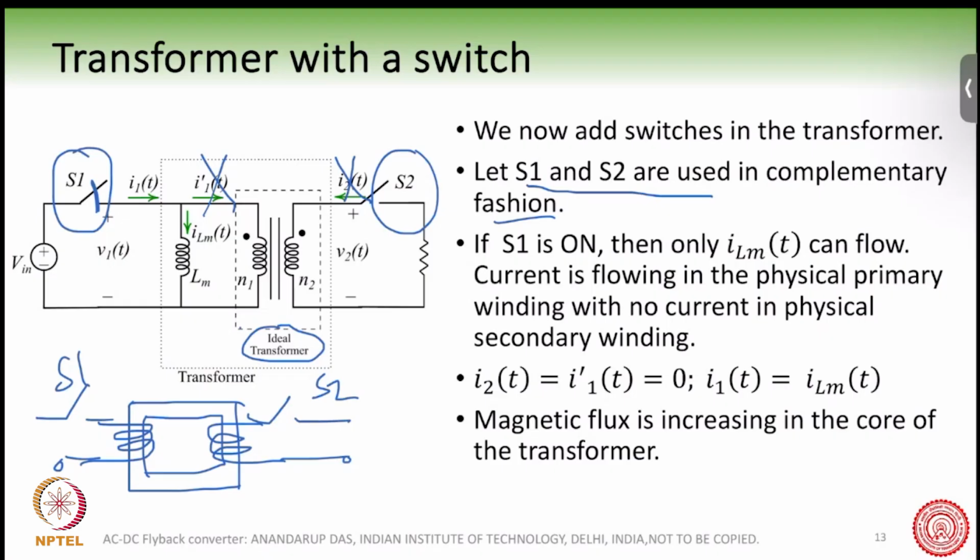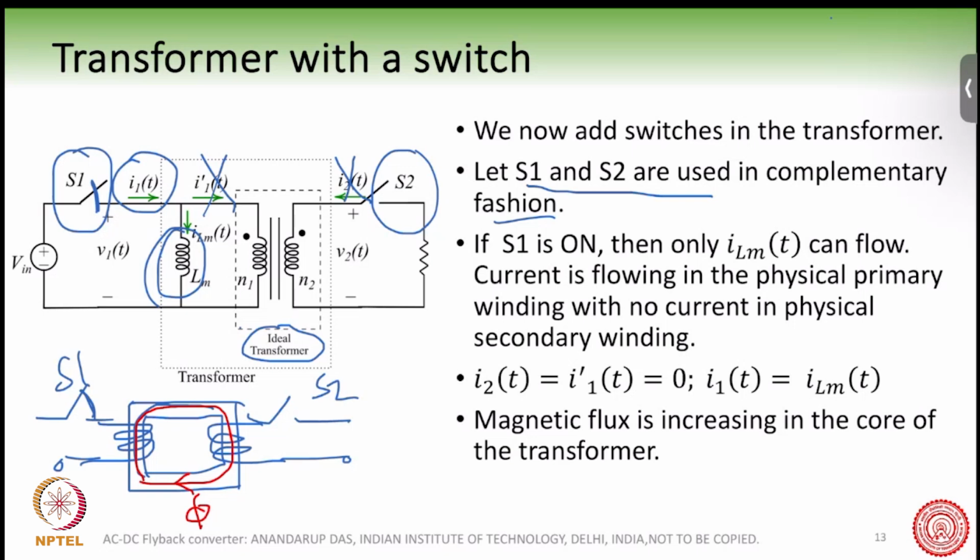So therefore, whatever current flows through I1 must flow through the inductor Lm. So when we have turned on this switch, the energy is basically getting stored in this core. Let me draw with a different color. The energy is now getting stored here in the form of a flux.